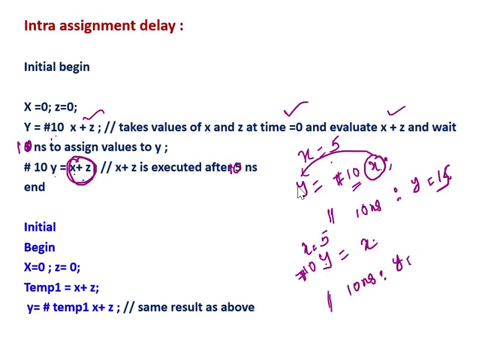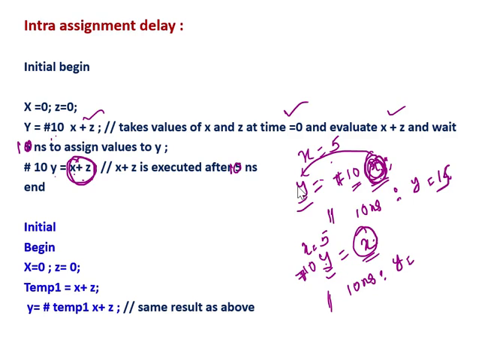In the first case, x is evaluated at 0 nanosecond, but it waits another 10 nanosecond and then assigns to y. In the second case, x is evaluated and assigned to y after 10 nanosecond.